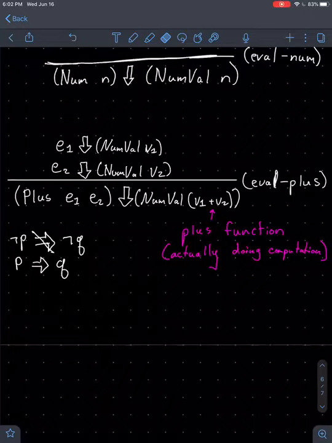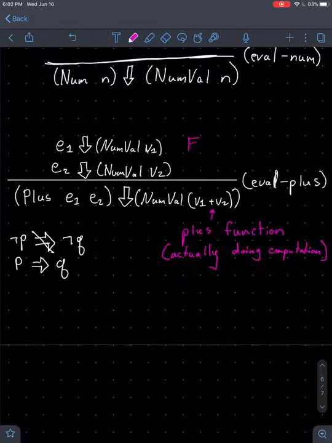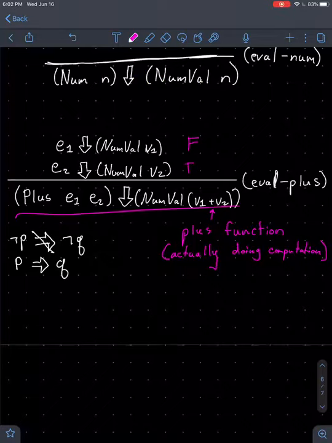So that's actually what I'm rejecting. Here we could have, say, this be false, this be true, and this could still be true, but it would require us to define another rule that says it's true.